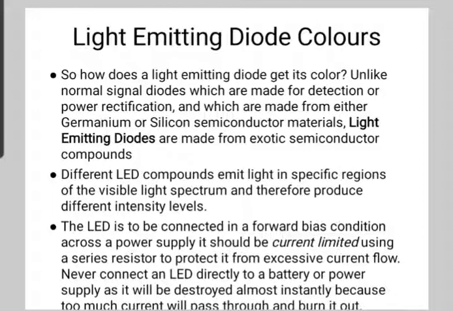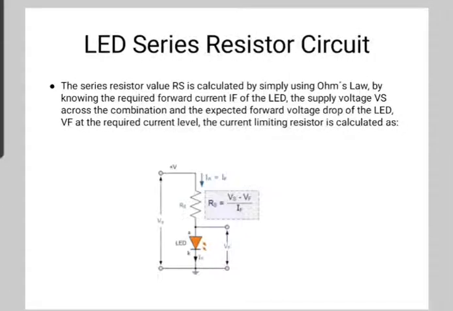So the LED is to be connected in a forward bias condition across a power supply, and the current should be limited using a series resistor to protect it from excessive current flow. Never connect an LED directly to a battery or power supply, as it will be destroyed almost instantly because too much current will pass through it and it will burn out.